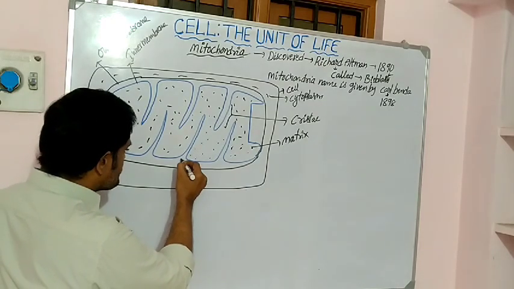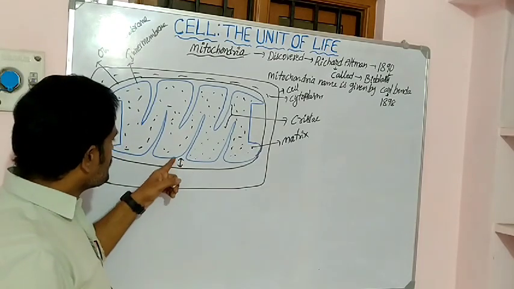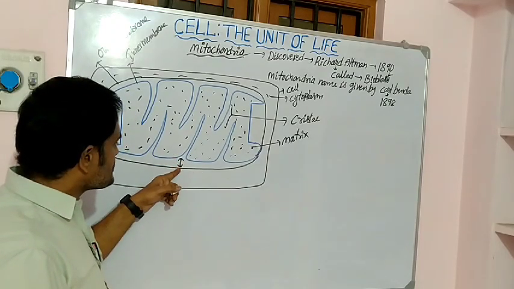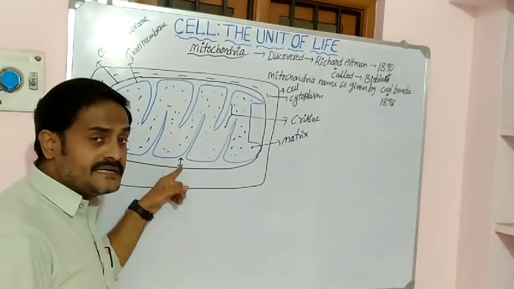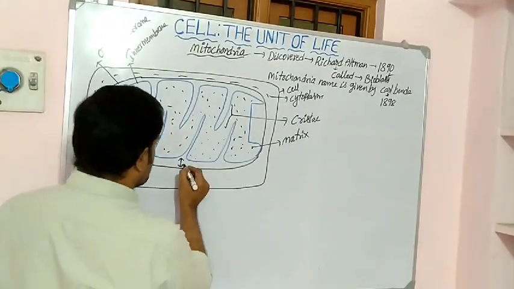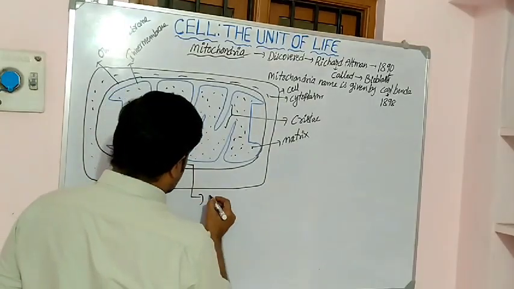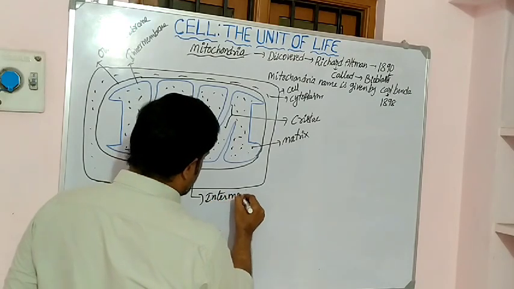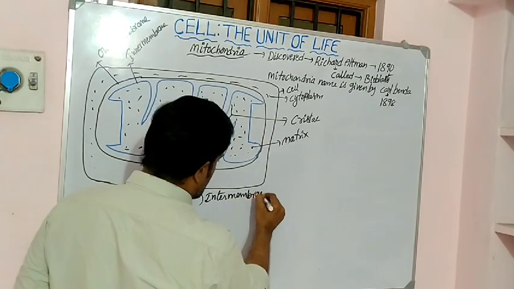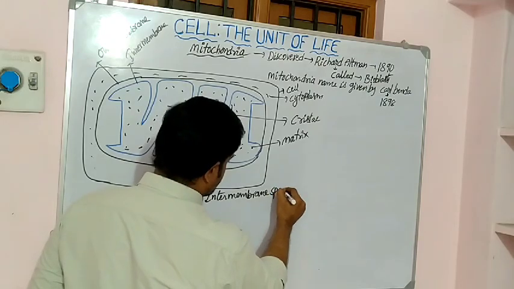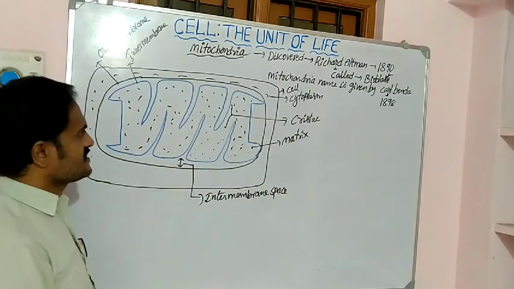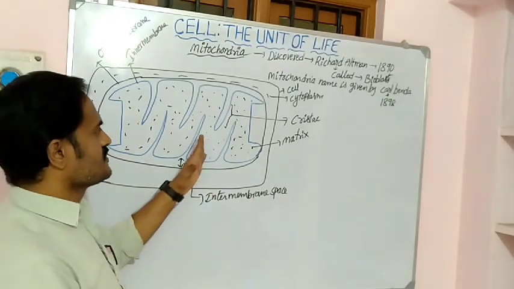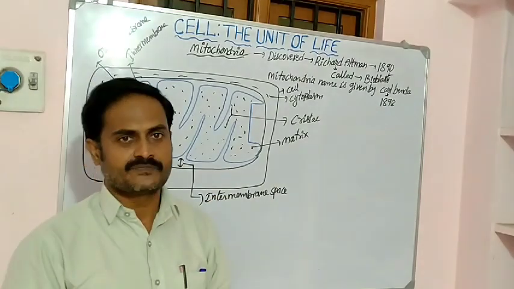See here, some space is there, no? So this is the inner membrane and this is the outer membrane. The space in between is called intermembrane space. So these are the major parts of the mitochondria.